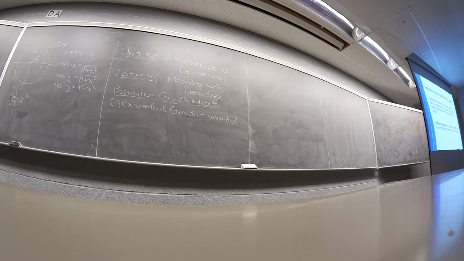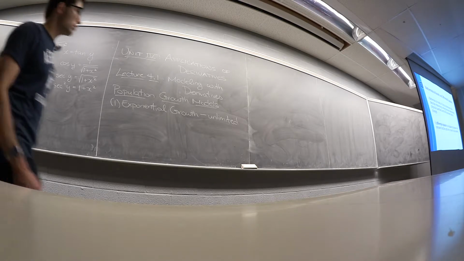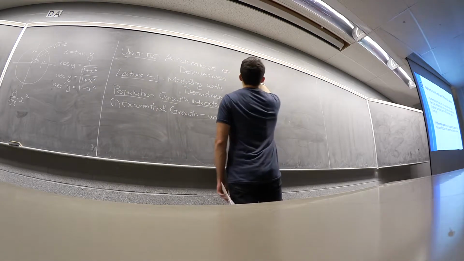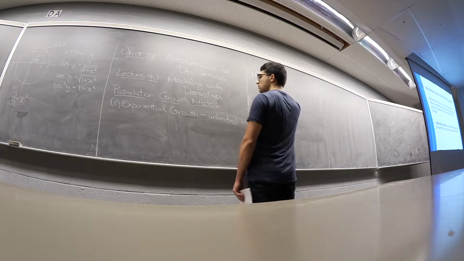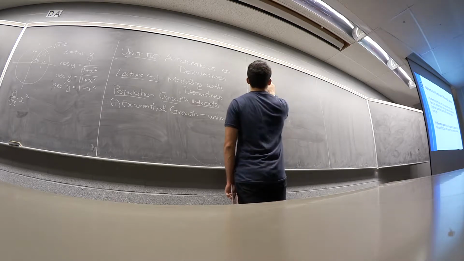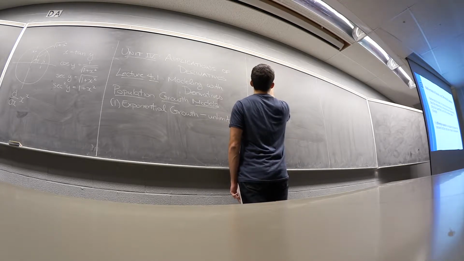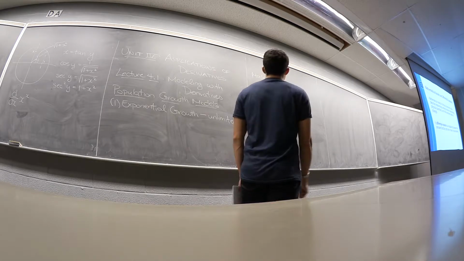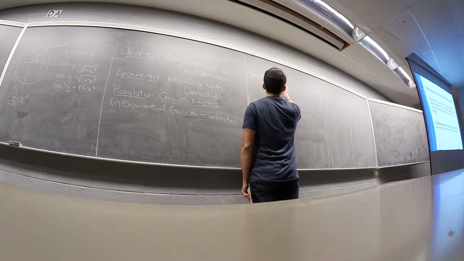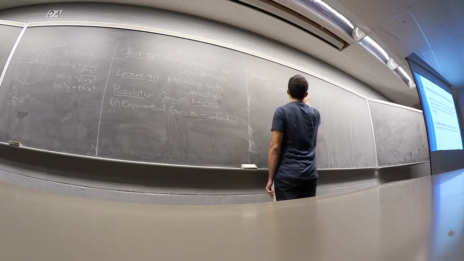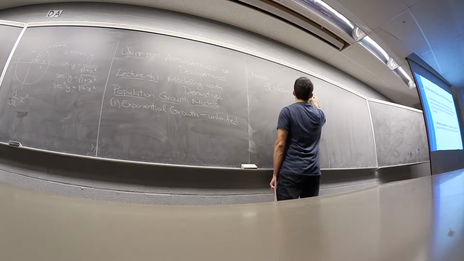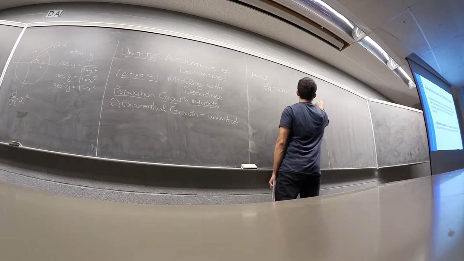So the population dynamics are modeled by dP/dt equals kP. k is a positive constant.